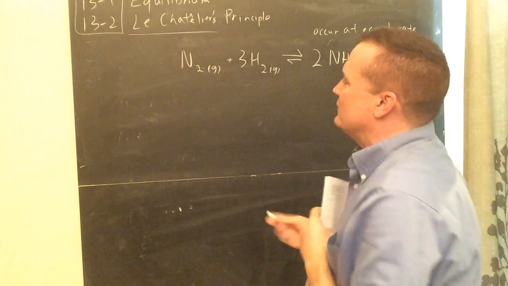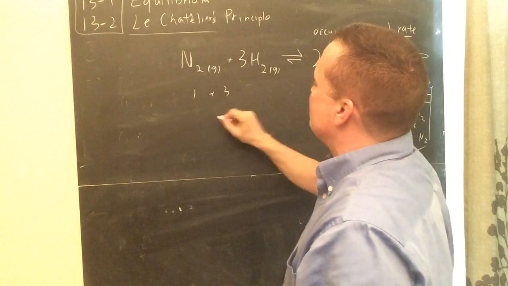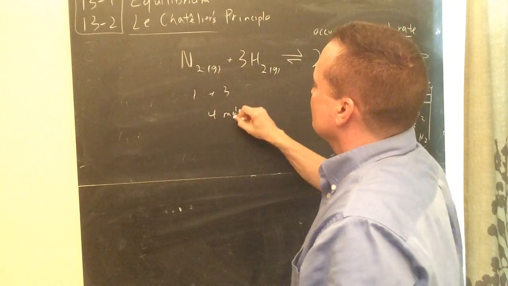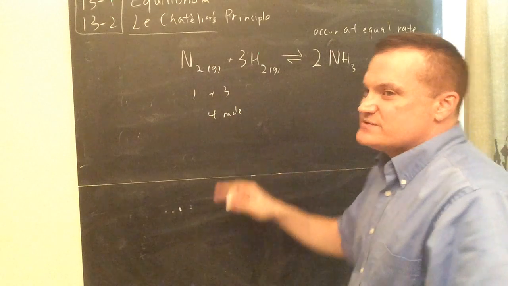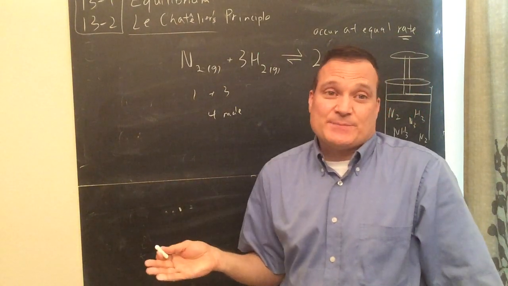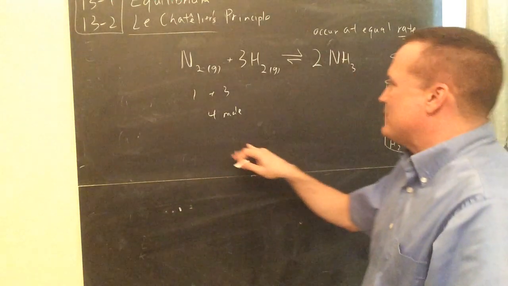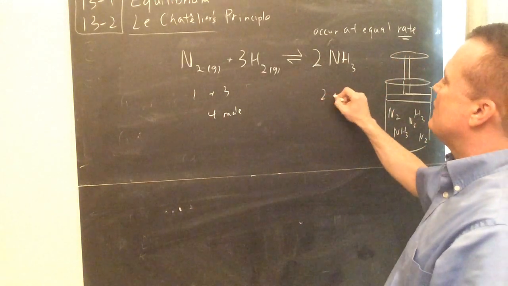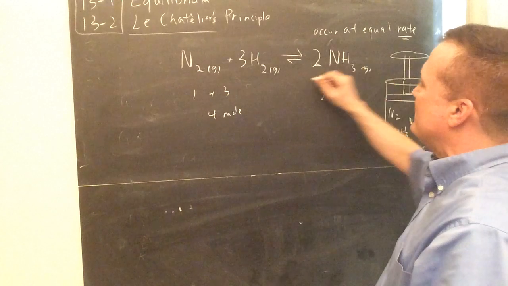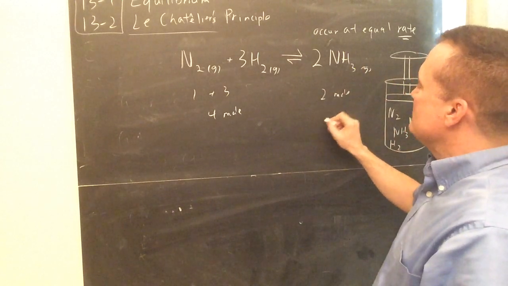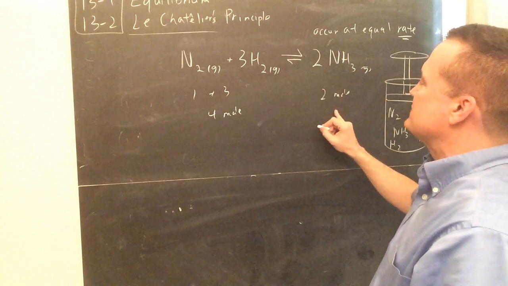Add that together, 1 plus 3 is 4 moles. You could say 4 moles, or you could say 4 atmospheres of pressure. This side only has 2 moles of gas. They're all gases, by the way. Or it could be 2 atmospheres of pressure.